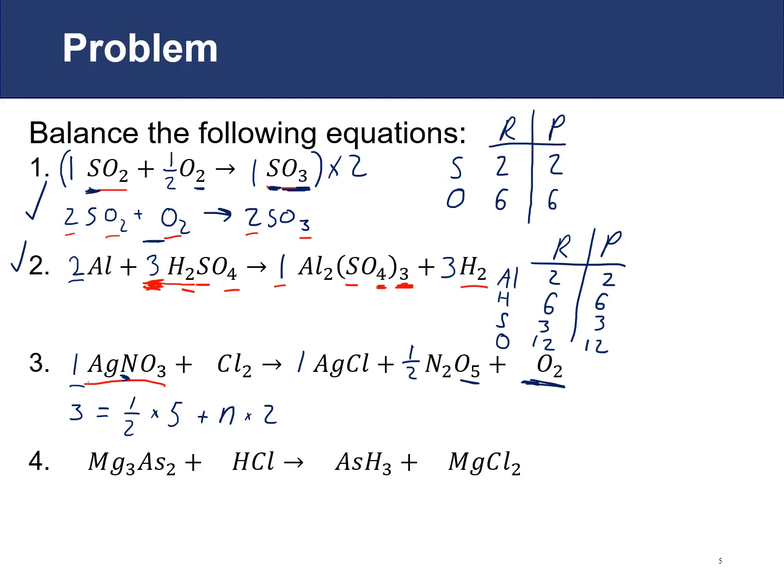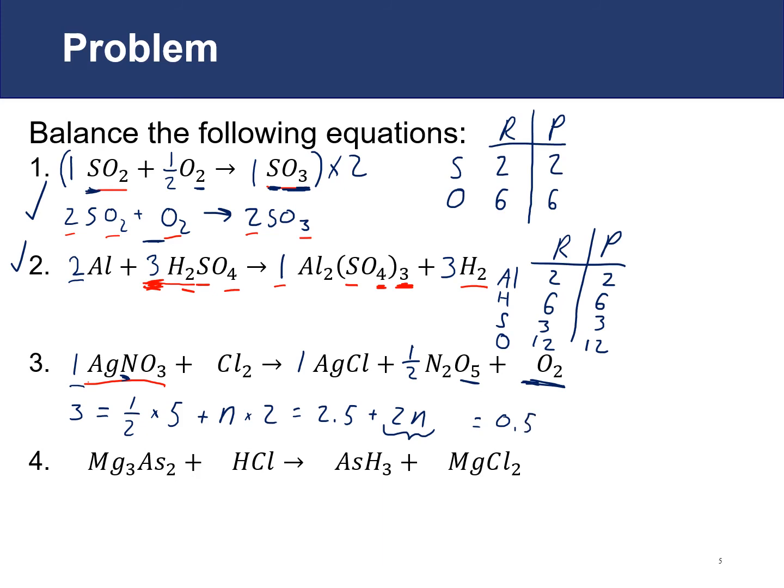So 3 is equal to 1/2 times 5, which is 2.5. So this is equal to 2.5 plus 2N. In order for this to work out, this quantity, my 2N here, has to be equal to 0.5, right?